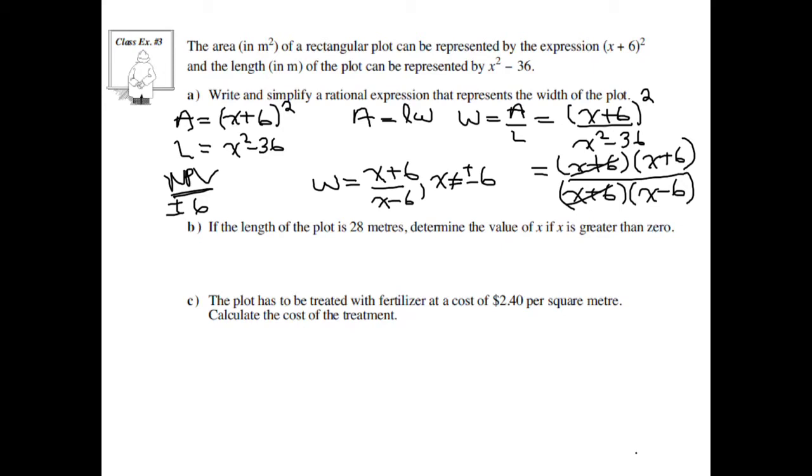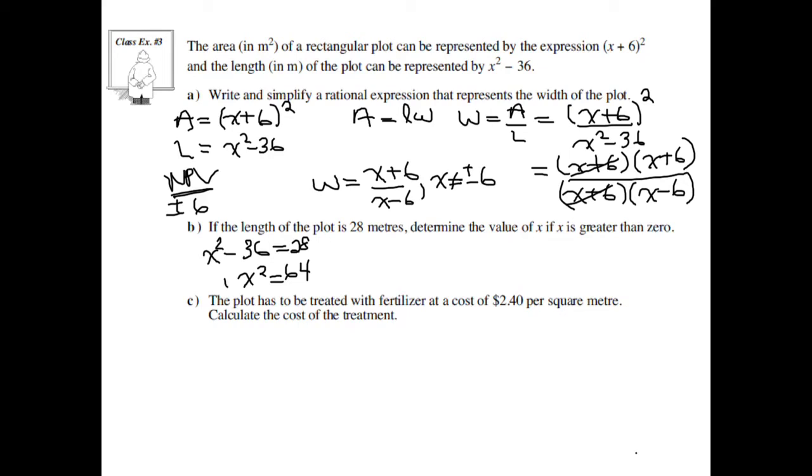Question B is asking if the length of the plot is 28 meters, determine the value of x if x is greater than 0. So I know that my length is x squared minus 36 equals 28. So I want to isolate x, and that gives me x squared equals 64.